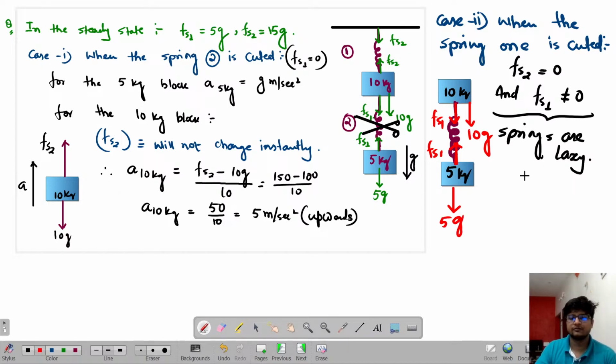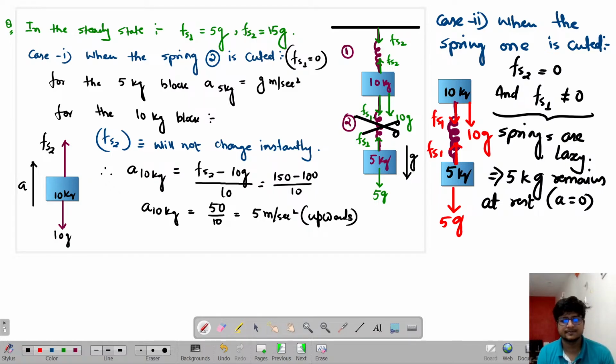For 5 kg, it is still in equilibrium. If Fs1 is not changing, Fs1 will balance this 5 kg weight, until and unless this spring gets fully compressed. Are you able to get me or not?